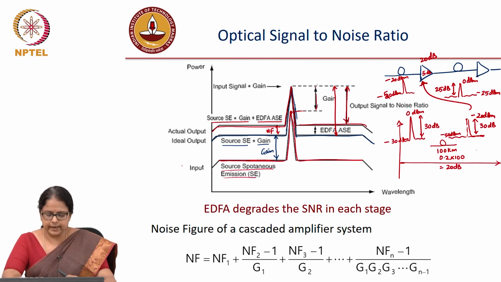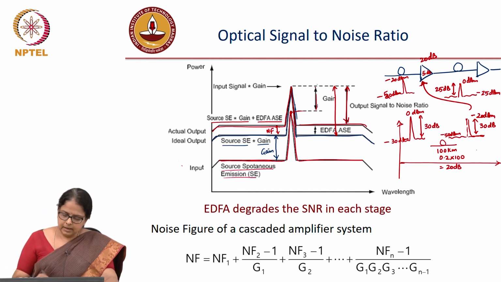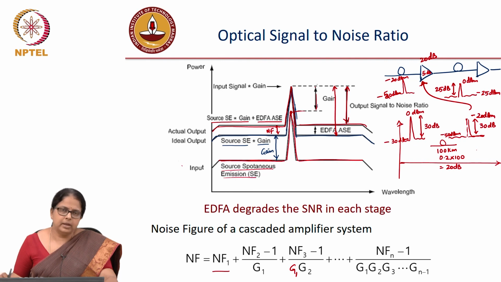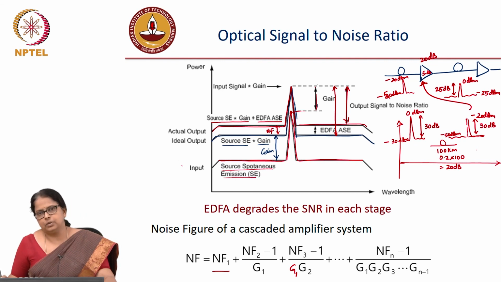You can derive that the noise figure of a cascaded amplifier system is the noise figure of the first amplifier plus noise figure of second minus 1 by G1, plus noise figure of third minus 1 by G1 G2, plus etc., noise figure of n minus 1 by G1 G2 etc. G(n minus 1). This is a result which is true for electronic amplifiers also, and it applies in optical amplifiers also.